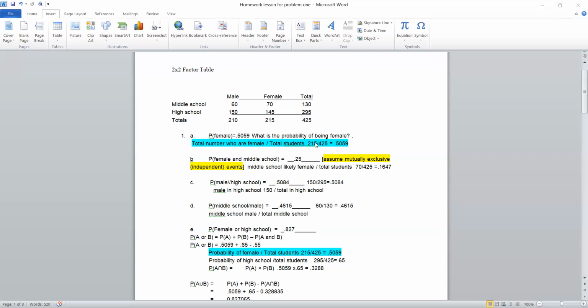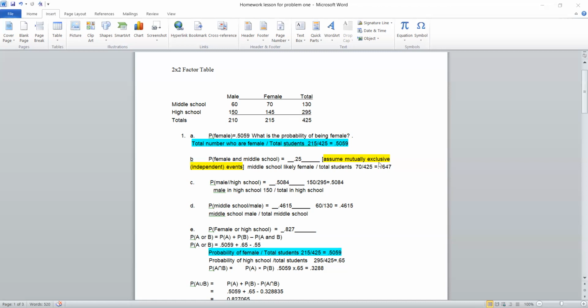There's probability A. Remember that from the formulas? So probability female, probability A. What's the probability of grabbing a female? It's 50, almost 51%, 50.5%, 50.6%.